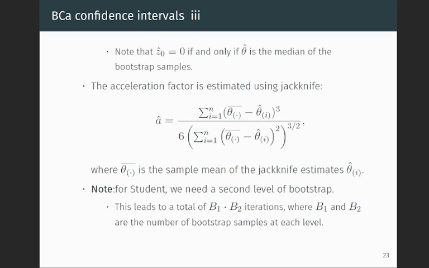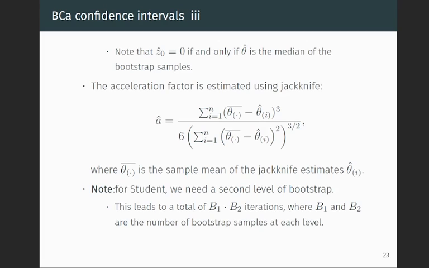So there's a reason for that particular complex formula, but we won't go over the details of how you can derive this. But just know that theta bar is the sample mean of the jackknife estimates.